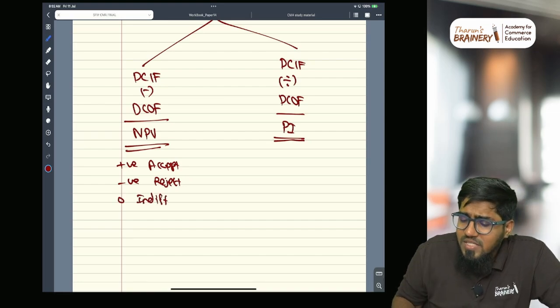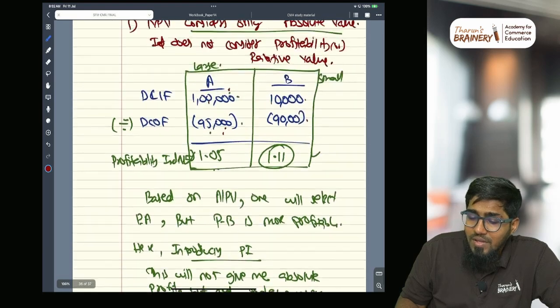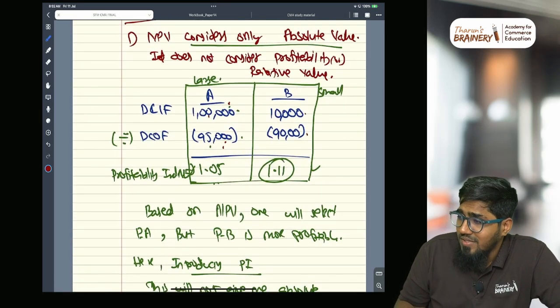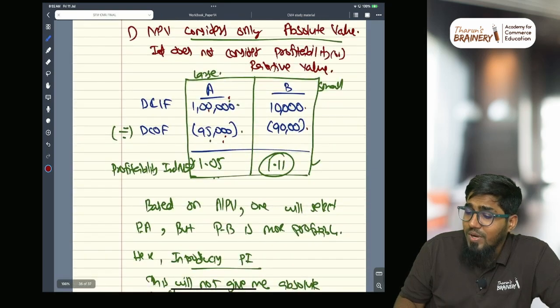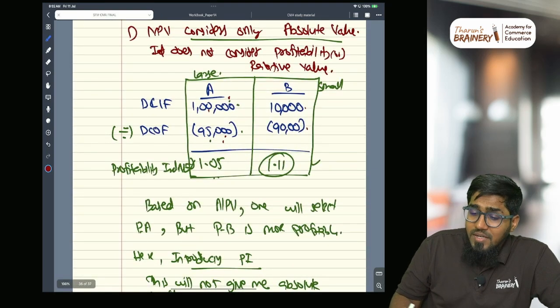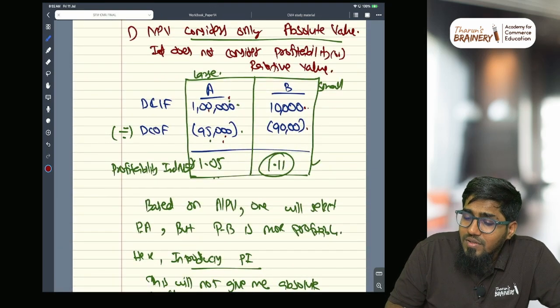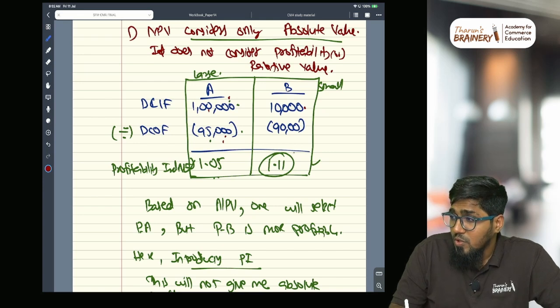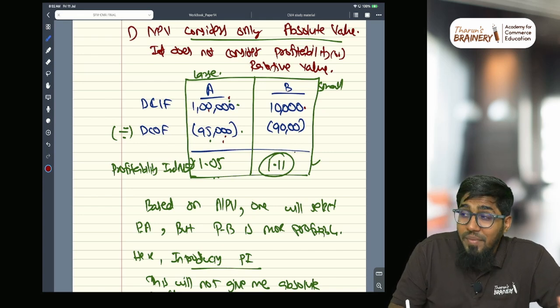Sir, for profitability index, how do I take a decision? If it is more than 1, then your NPV will always be positive. If the discounted cash inflow is more than the discounted cash outflow, my profitability index will always be more than 1, and NPV will be positive.